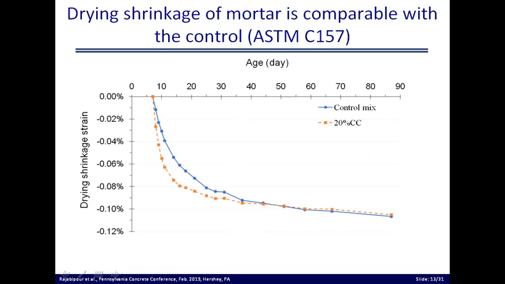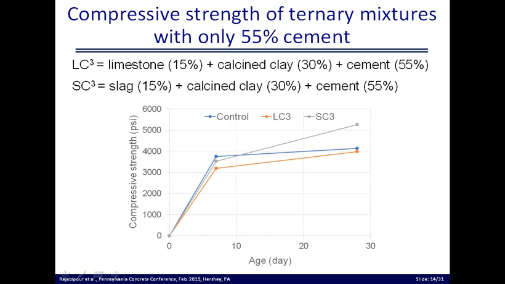Next slide shows the drying shrinkage, which is pretty comparable, the control versus the 20% calcined clay mix. Finally, this slide, slide number 14, shows ternary mixtures. So finally, we did some ternary mixtures.